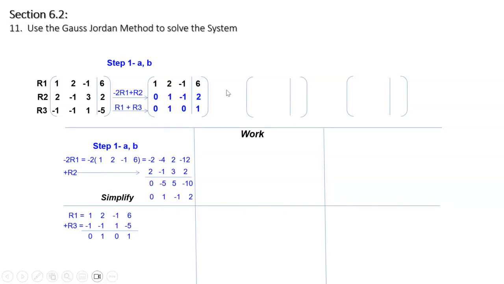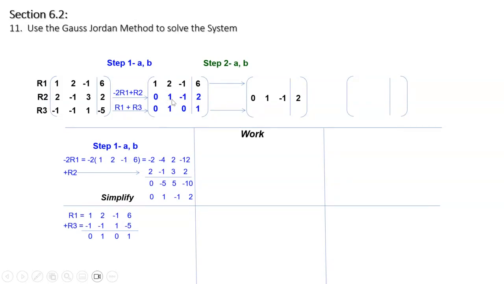Now step 2, right, step 2, we keep row 2. So the 2 on the first row, second column must change. And also the 1 on the third row, second column must also change. So again, we have to use row 2, right, to eliminate the 2 and the 1.